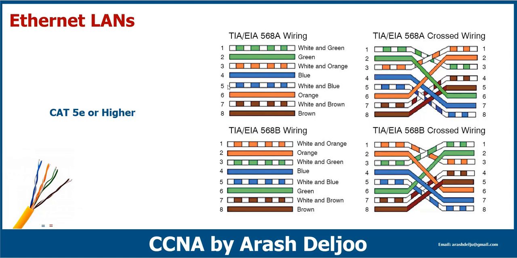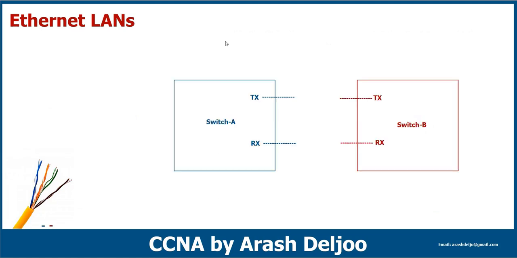But let me give you one important note about the crossover cable and also the straight through cable. Look at this picture. In this picture we have two switches, switch A and switch B, and you know that we need to connect the TX interface of switch A to the RX interface of switch B, and also the TX interface of switch B to the RX interface of switch A. This is only one example for understanding one important thing in a Cisco switch.